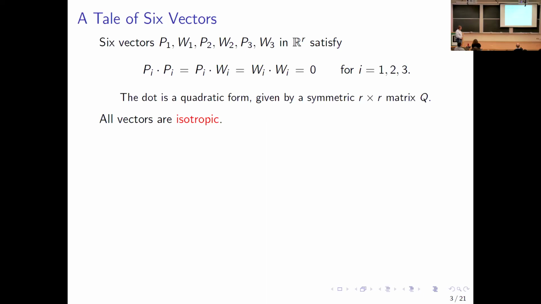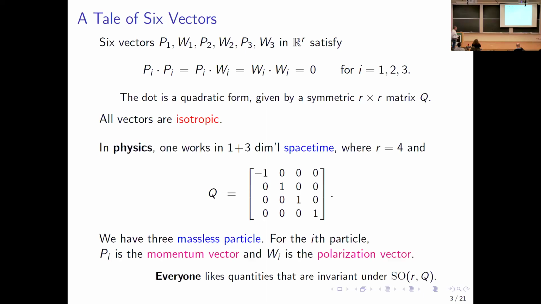I would like to have that every vector dots to 0 with itself, and then Pi with Wi also dots to 0. So these are isotropic vectors, and for every i I want them to be pairwise isotropic. Q is some fixed symmetric r by r matrix.